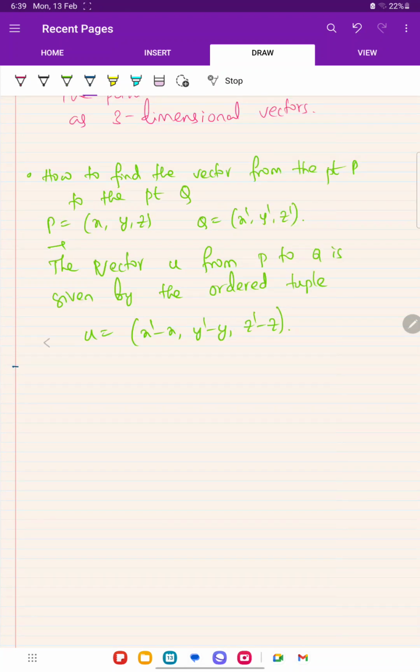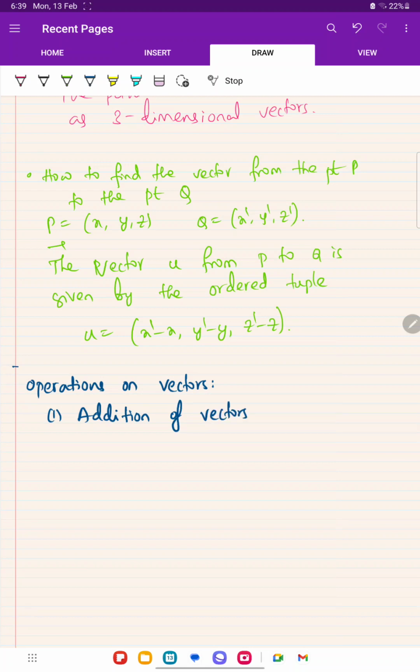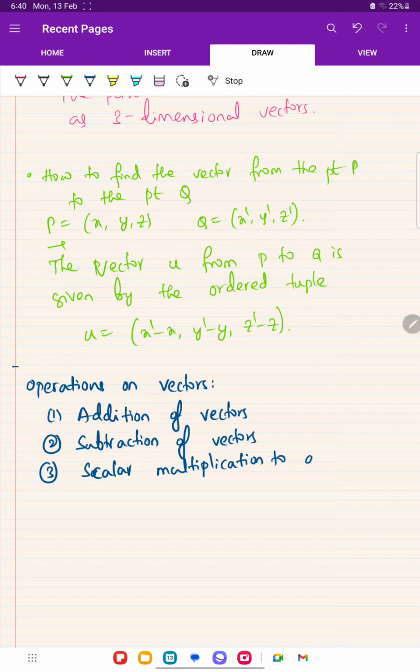Now let us study operations on vectors. The basic operations to be performed on vectors are, first, addition of vectors; second, subtraction of vectors; and third, scalar multiplication of a vector.